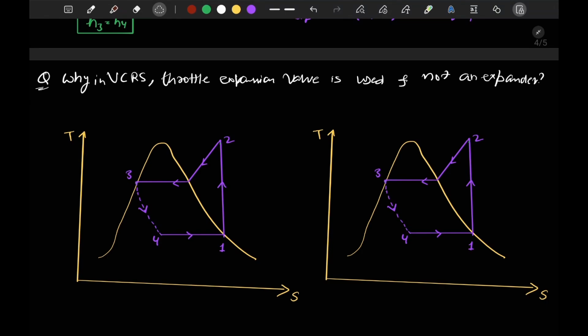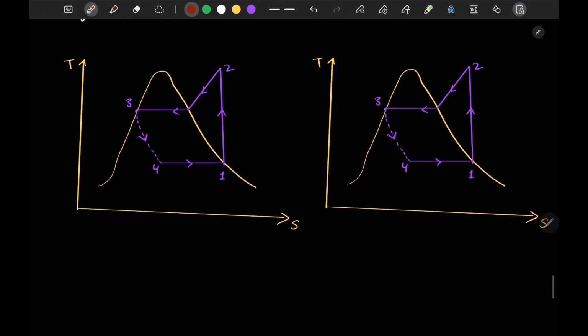Now let's say that you have a similar cycle, but here, instead of using a throttling device, we have used an expander. So this is our 3 to 4 dash, and this is 4 dash to 1. So we get an increased value of refrigeration effect.